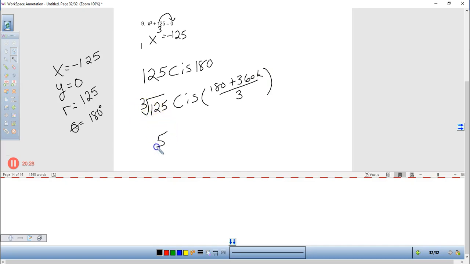The cube root of 125 is 5. Cosine I sine, 180 divided by 3 is 60. 360 divided by 3 is 120. And in this case, k is 0, 1, and 2. And there is our answer.